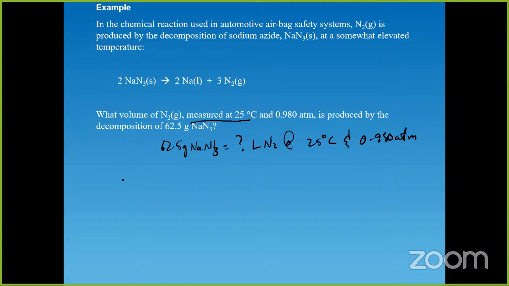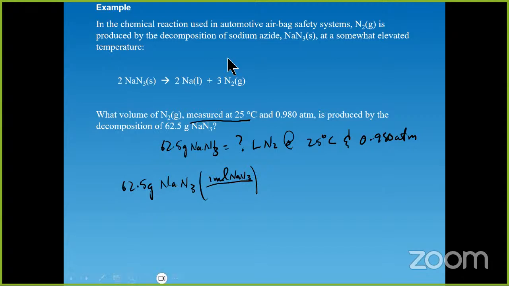So the first thing I would do is start off with the 62.5 grams of sodium azide and convert that to moles. So I'm going to have 1 mole of sodium azide above, and down here the molar mass.